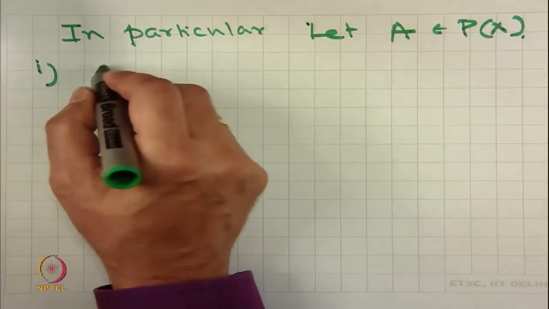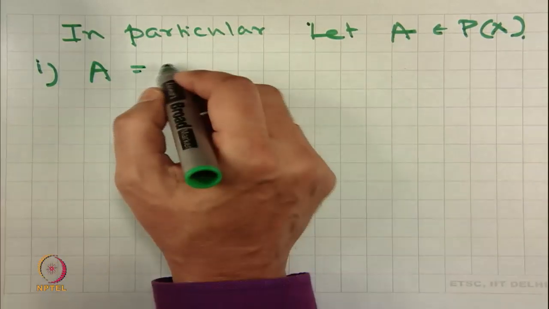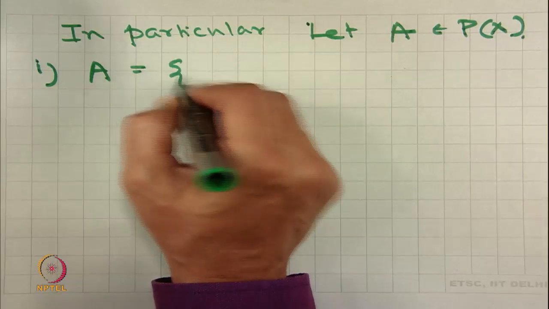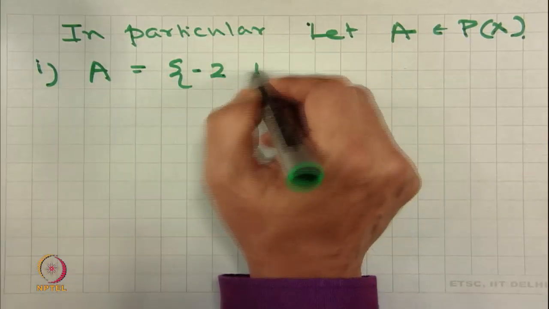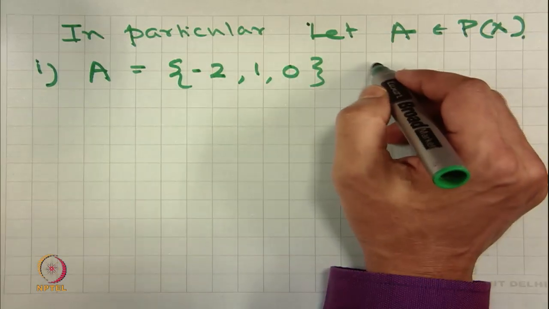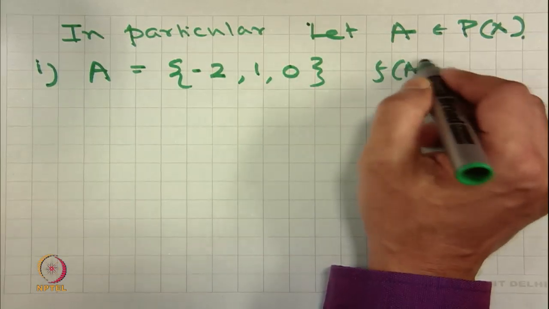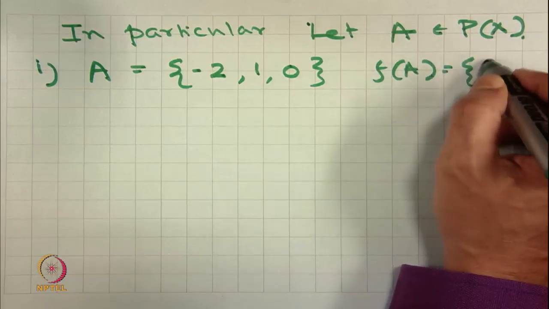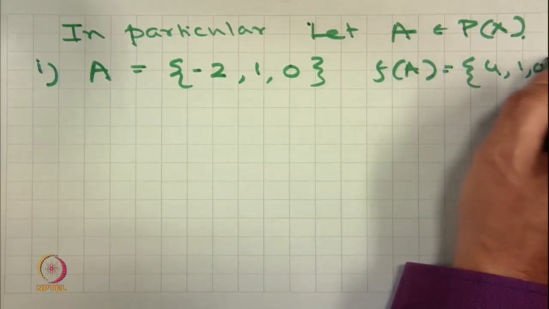If A is equal to -2, 1, 0, then f a is equal to 4, 1, 0.